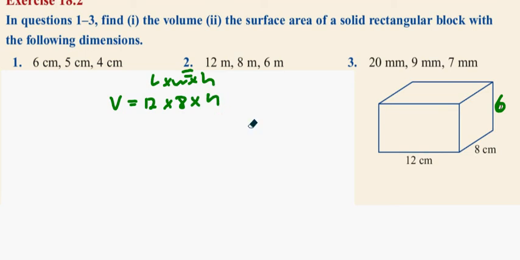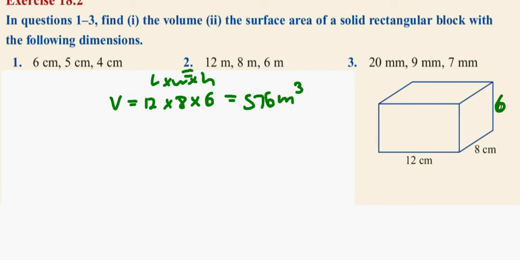And what do we get when we multiply 12 by 8 by 6? 576, yeah. Meters cubed, because it's 3-dimensional.